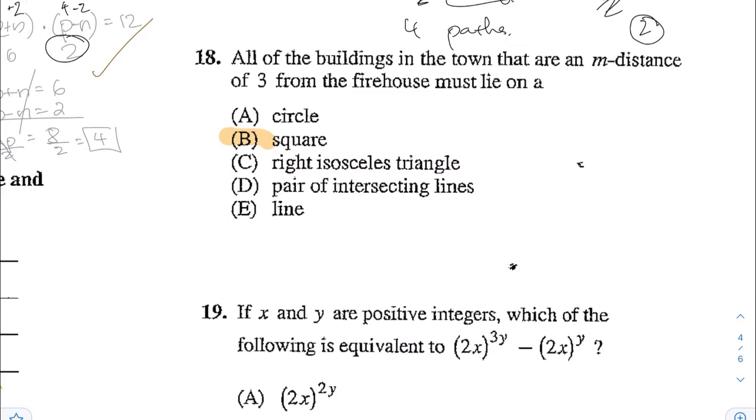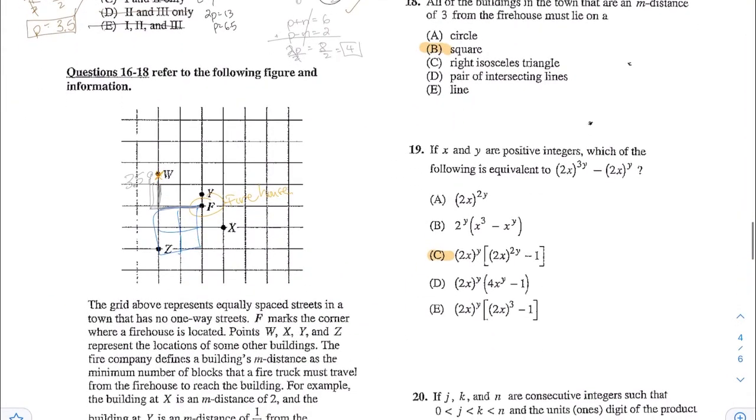Next one, number 18. All of the buildings in the town that are an M distance of 3 from the firehouse must lie on a. All right, so you want distance at 3 M units away.